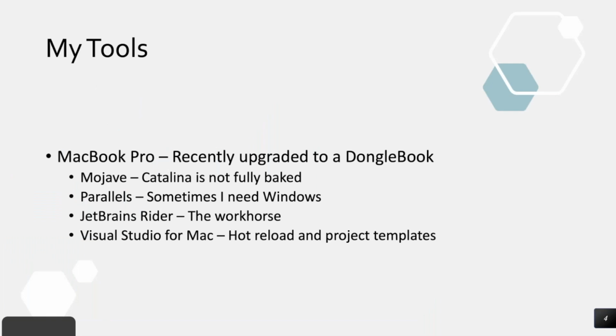So I want to give a bit of insight into what I use for tools. I use a MacBook Pro. Traditionally, as you saw with my extensive C# experience, I come from the Microsoft world. I was traditionally a Windows user.